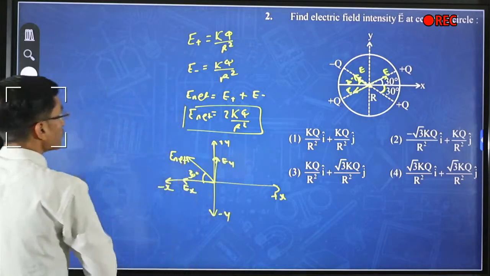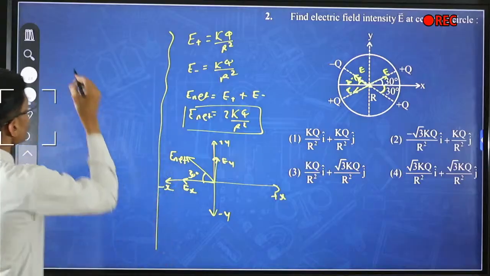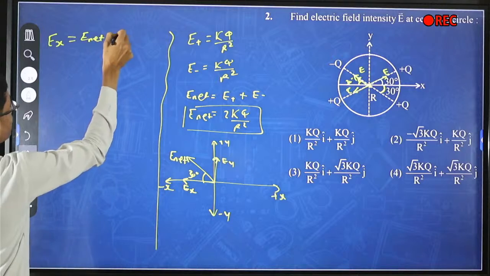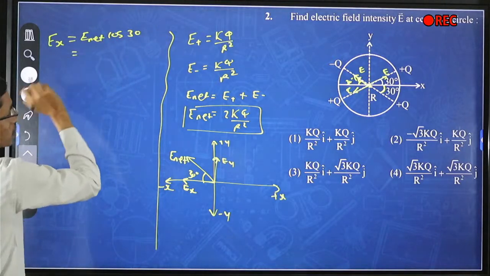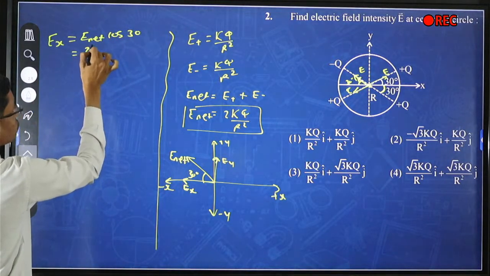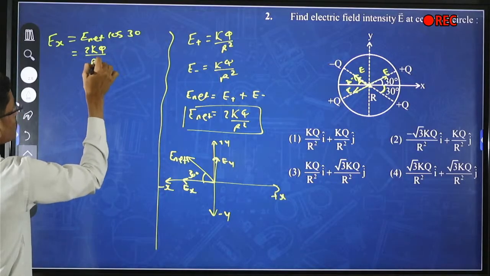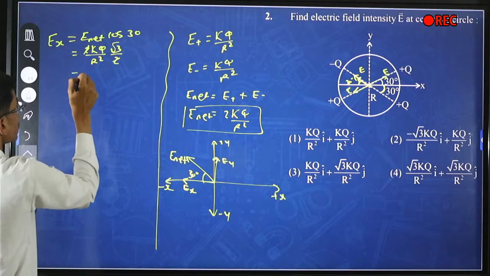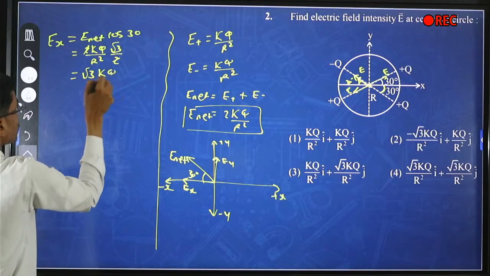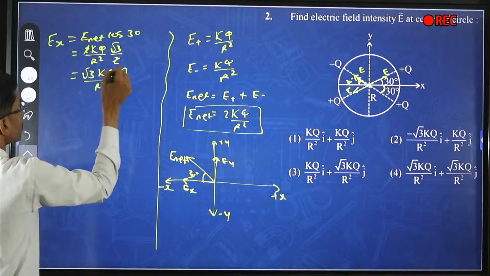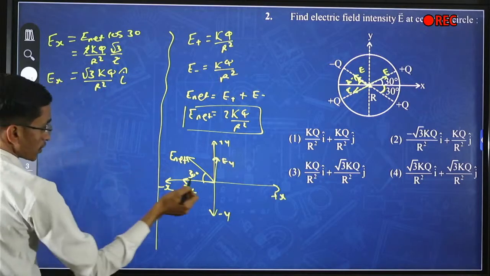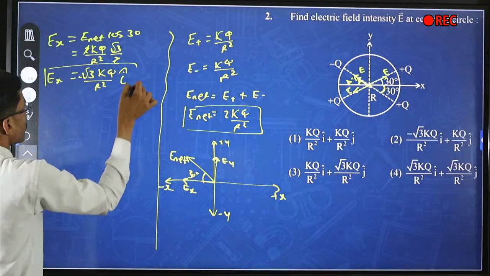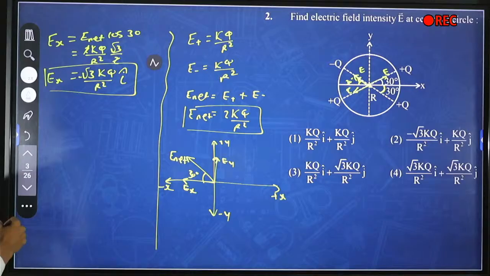Ex is equal to E net cos 30, where E net is equal to 2kq upon r square. Cos 30 is root 3 by 2, so we get root 3 kq by r square. But the electric field in the x direction is negative, so we can say minus root 3 kq by r square into i cap.